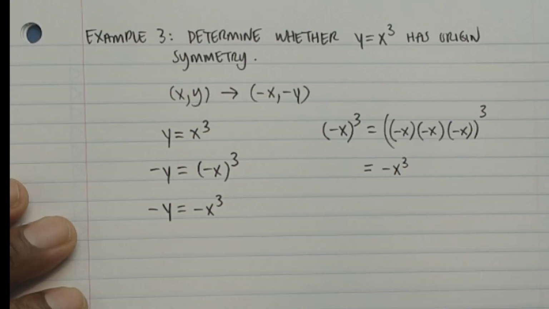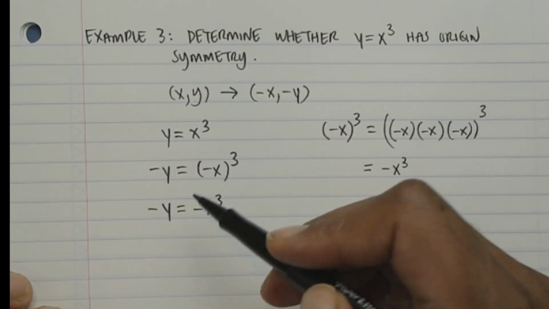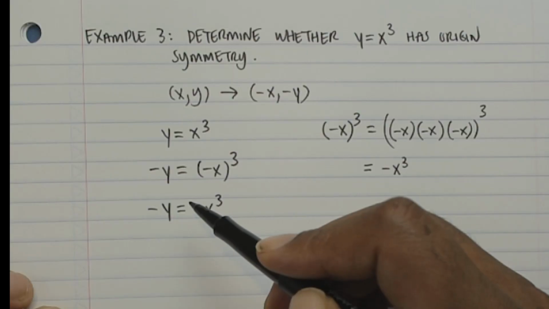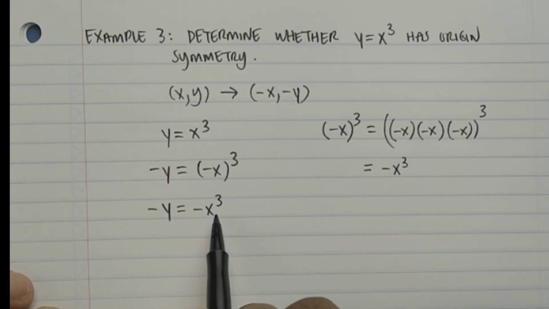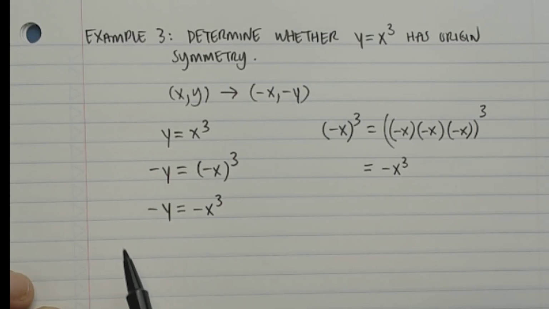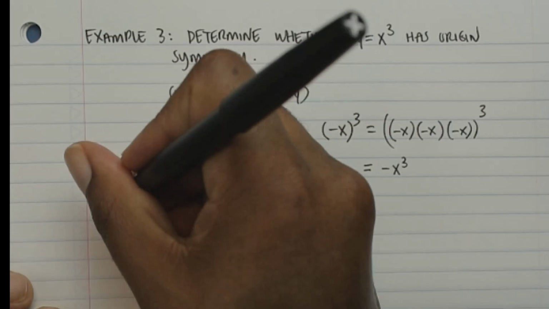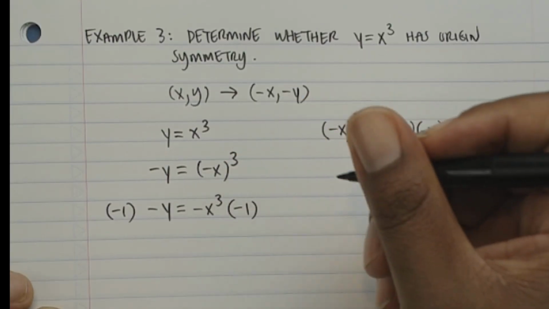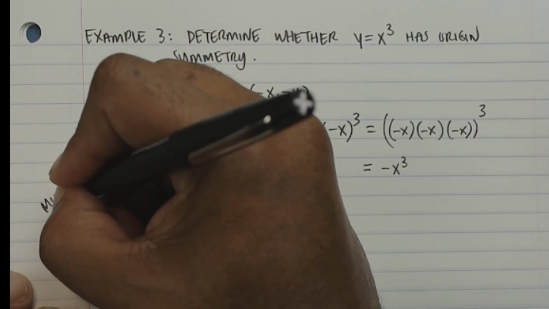Now notice this. We're not quite finished yet, okay? So we've got to be careful here. We get negative y equals negative x cubed. So what we have to do is multiply both sides by negative 1 to get rid of this negative here.